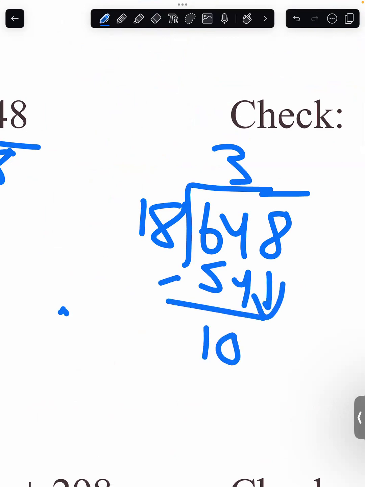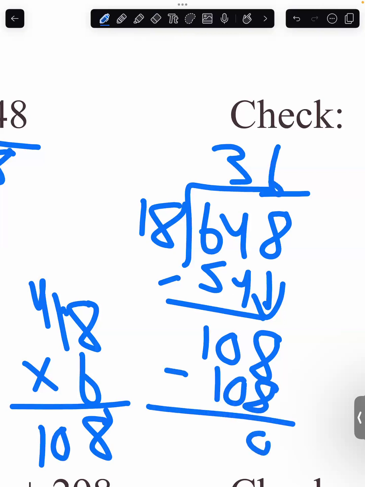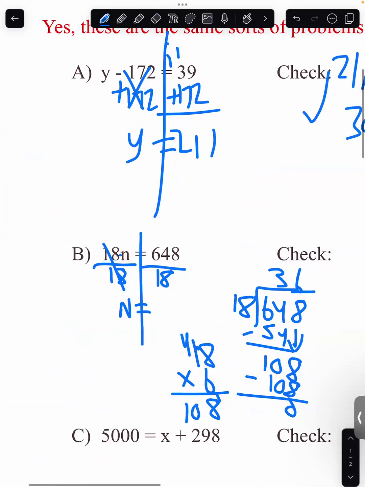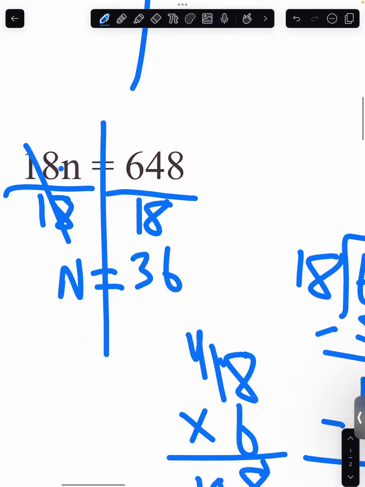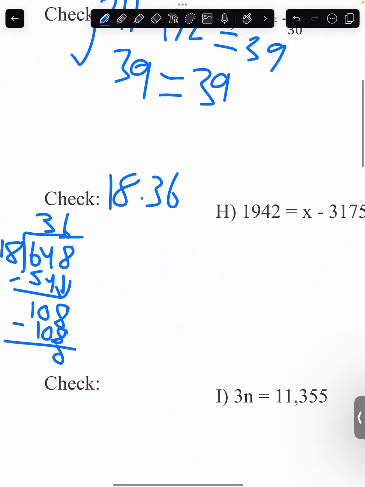All right, and then 18 times 6 is 108. So that would be n equals 36. Okay, so 18 times 36 equals 648.